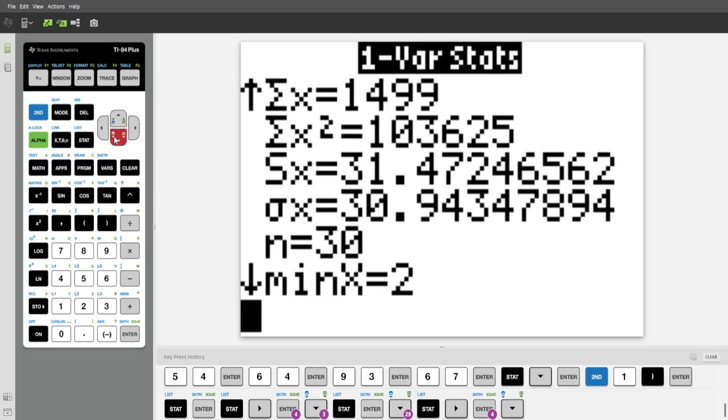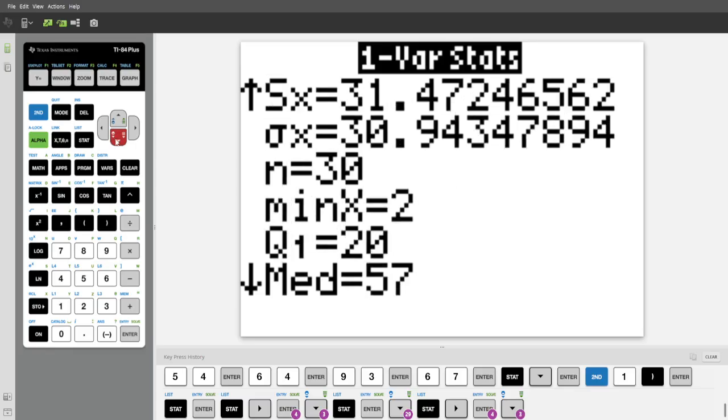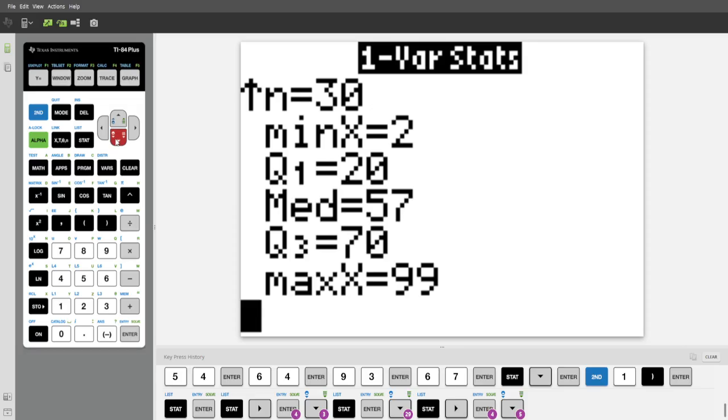All right, where it says minX, min means the minimum. 2 is the minimum number in this whole list. And if we scroll down some more, you'll get to maxX. That would be the maximum number in the list. Therefore, 99 would be your largest number.